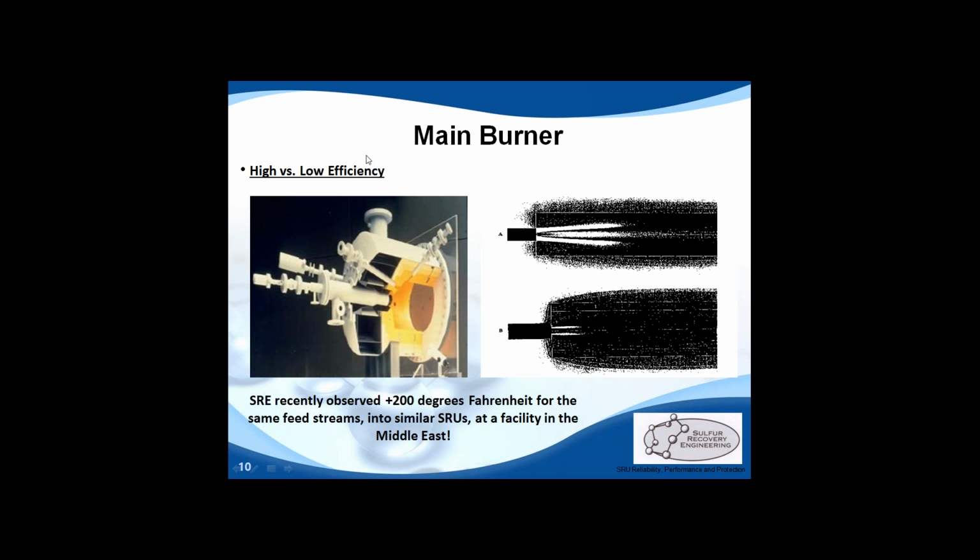A lot of facilities are changing over to high efficiency main burners. All pieces of equipment have an expiry date, and we are seeing a lot of people moving over to high efficiency main burners.